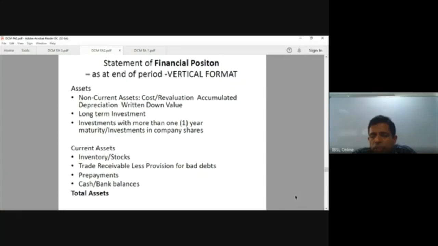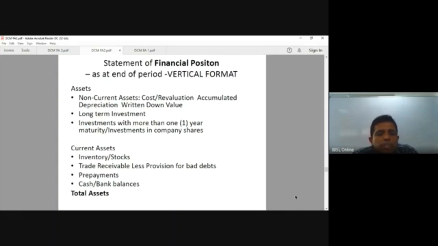Most of the assets need to be depreciated apart from the land. Normally lands are not depreciable assets. Therefore, when it comes to depreciation, there should be a cost, accumulated depreciation, and net book value. Then assets also comprise long-term investments.